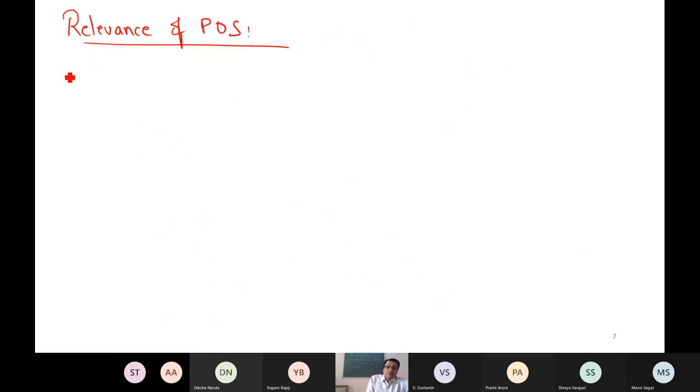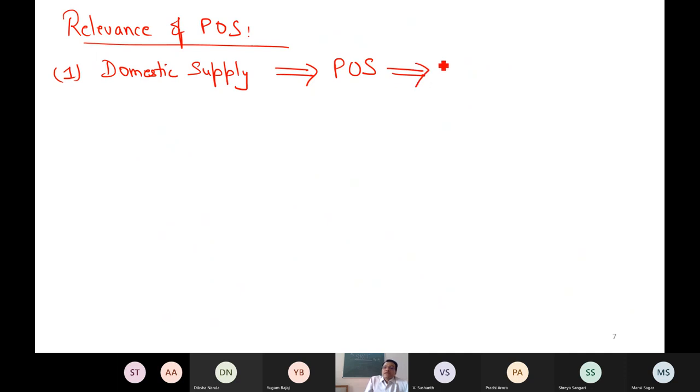First, when this supply is domestic, I'm not using the word international, because in international, supplies are interstate. In domestic supply, if place of supply is not there, you cannot tell. So it tells me whether any supply is inter or intra. This is the first relevance. Now the second relevance.